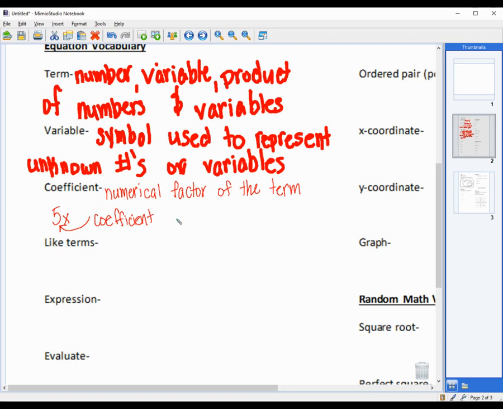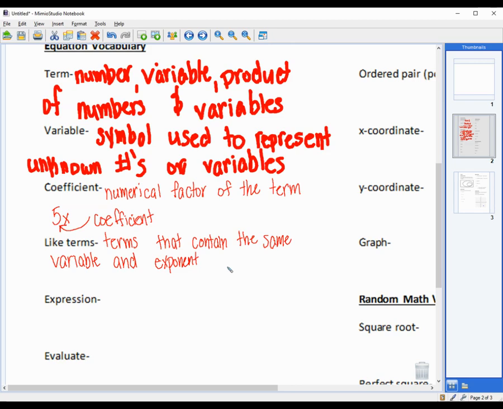Next up, like terms. Like terms are just terms that contain the same variable with the same exponent. I'll show you guys some examples.